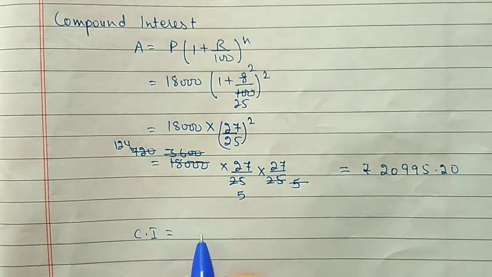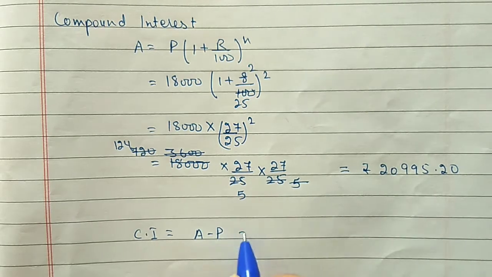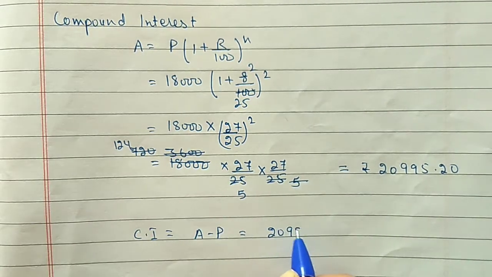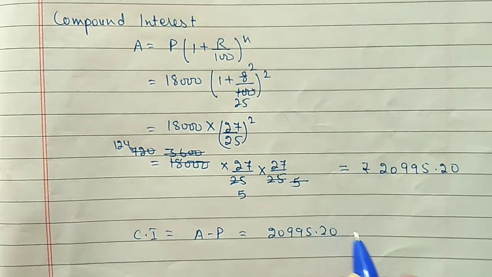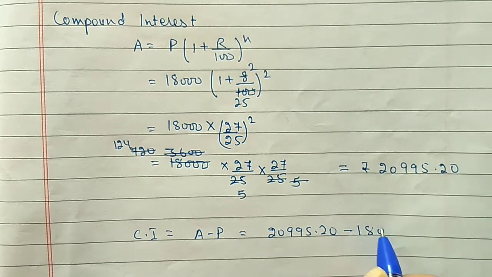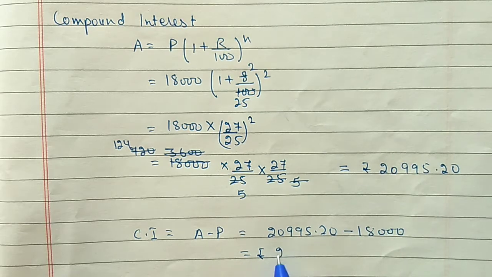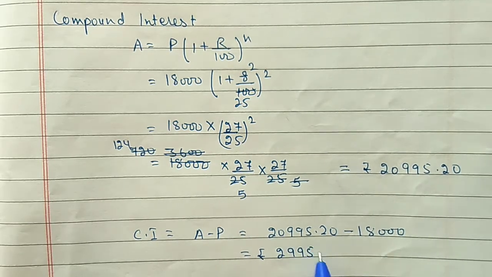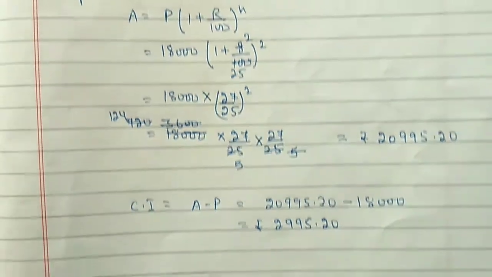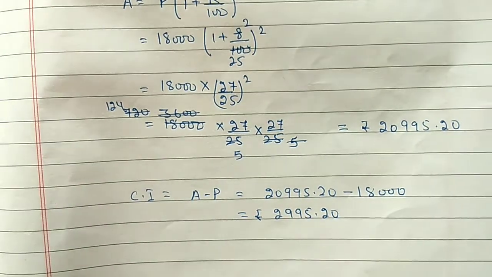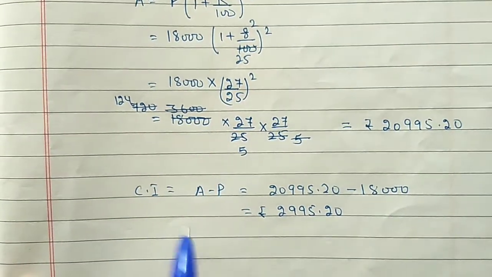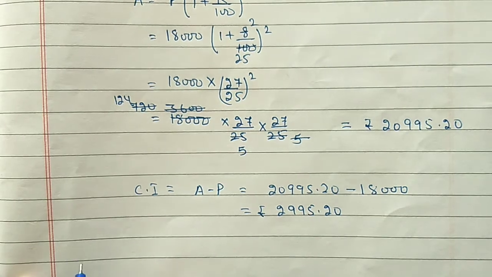Compound interest is amount minus principal. Amount is 20,995 rupees 20 paise minus 18,000. So we will get here 2,995 rupees 20 paise. And the extra money he has to pay is the difference between compound interest and simple interest.